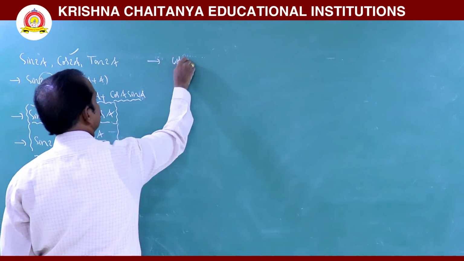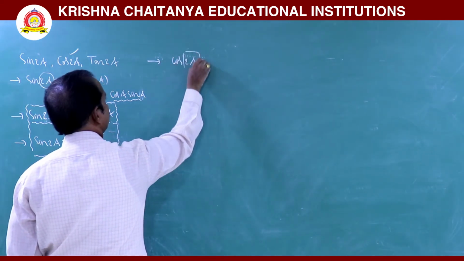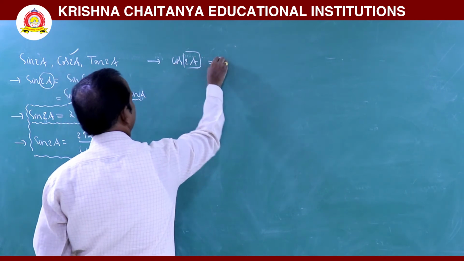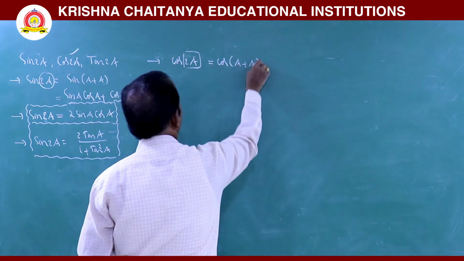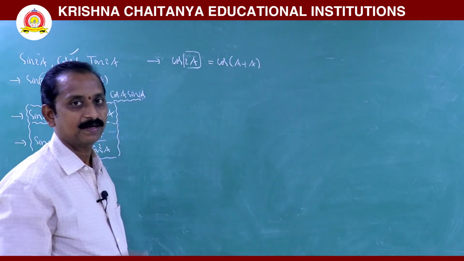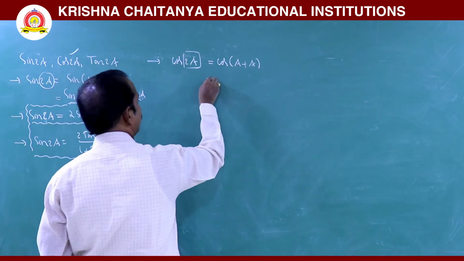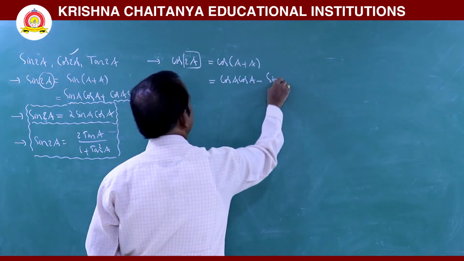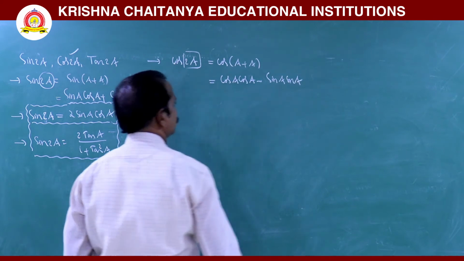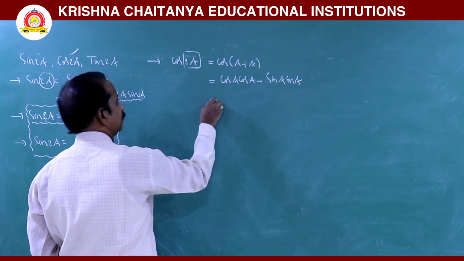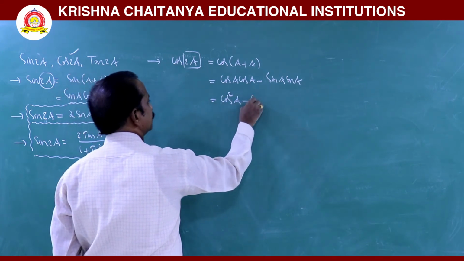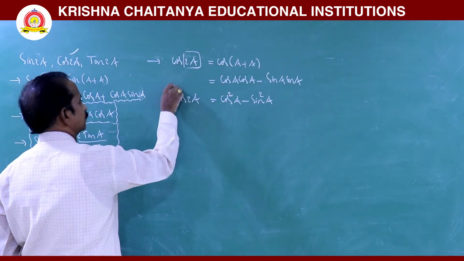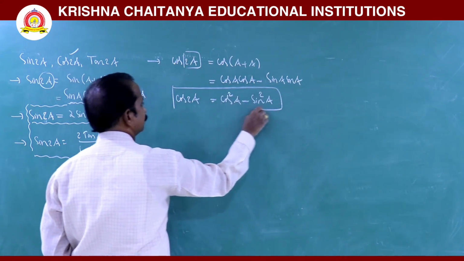Cos 2A can be written as cos of A plus A. It is in the form A plus B. The cos A plus B formula is cos A cos B minus sin A sin B. Here B means A. So cos A into cos A, cos square A, and sin A into sin A, sin square A. So cos 2A has one basic: cos square A minus sin square A.